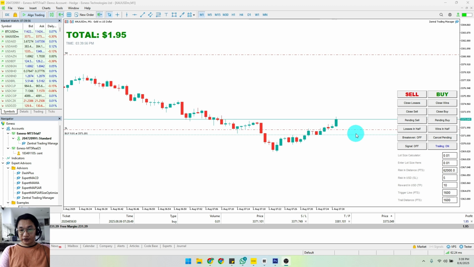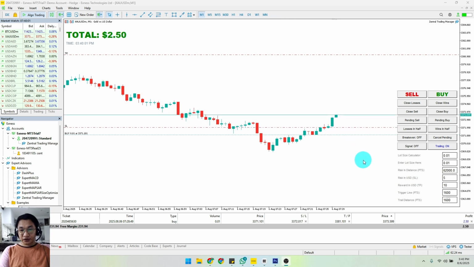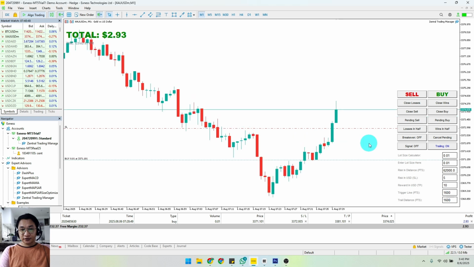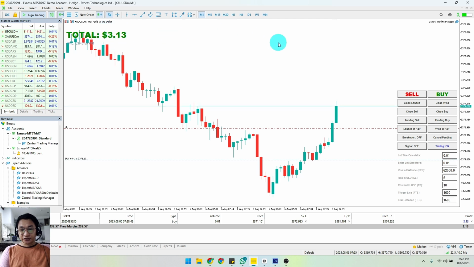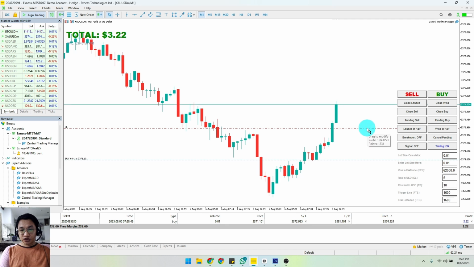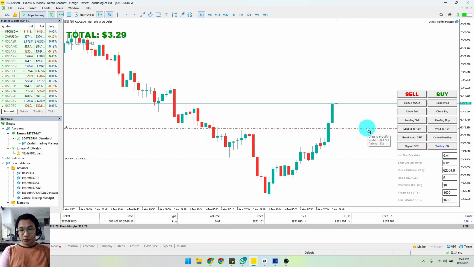And now the price is going upwards and the trailing stop is also following upwards with a distance of 1,600 points. Right, so as what you can see, our profit now is running at around $2 to $3, and our secured win, sure win, would be at around $1.84.